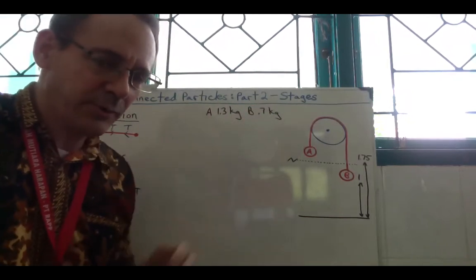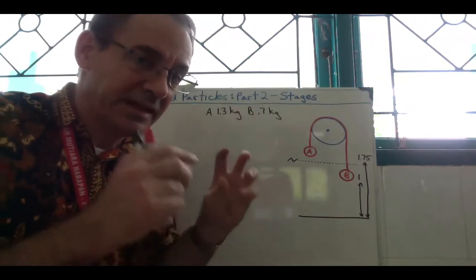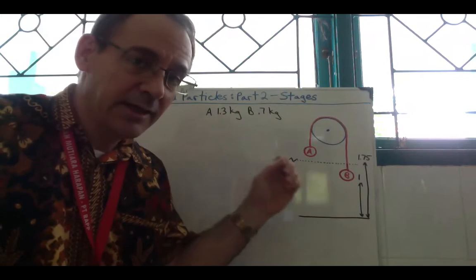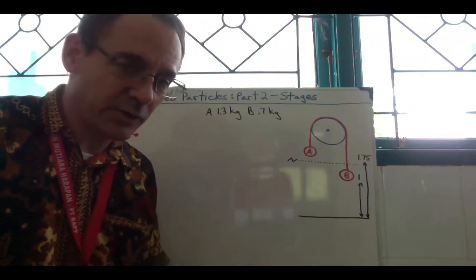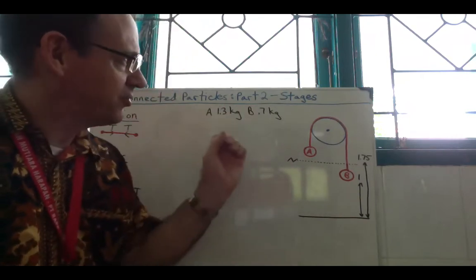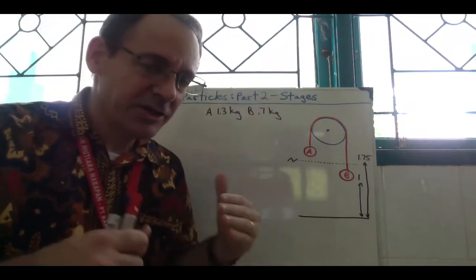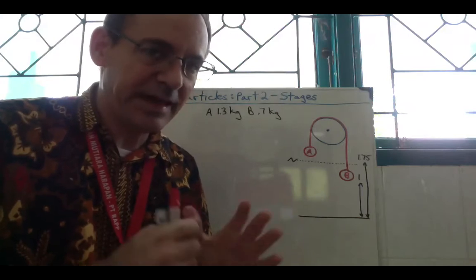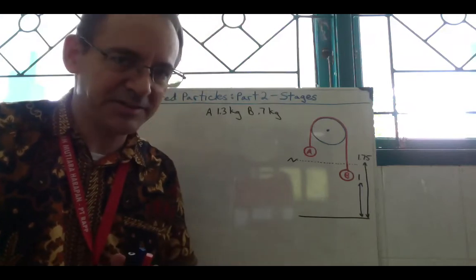Today we want to talk about mechanics, connected particles, part 2, stages. Now in part 1 we talked about the fact that now that we have connected particles, we have 2 net forces that we can work with. Well, in part 2 with stages, there's going to be something that happens in the system that changes the entire context.